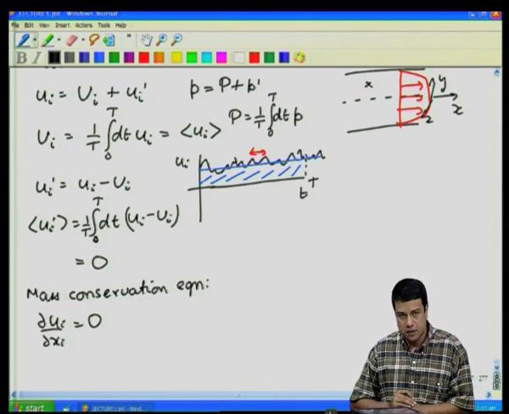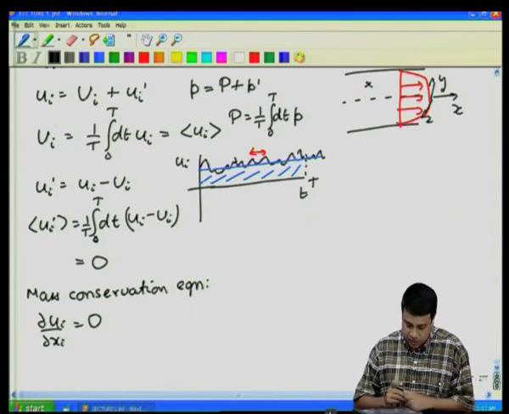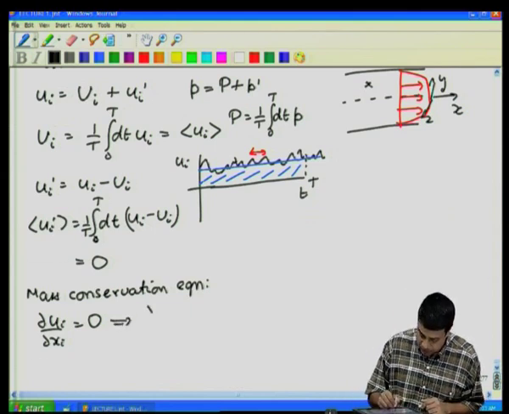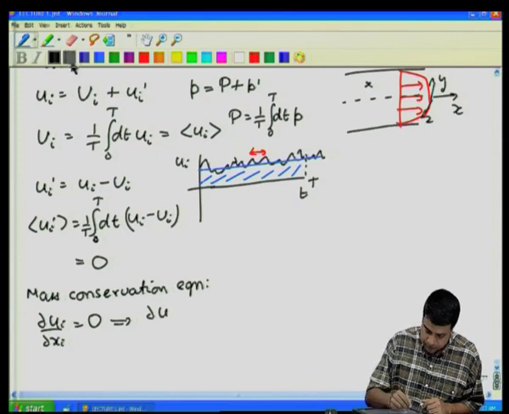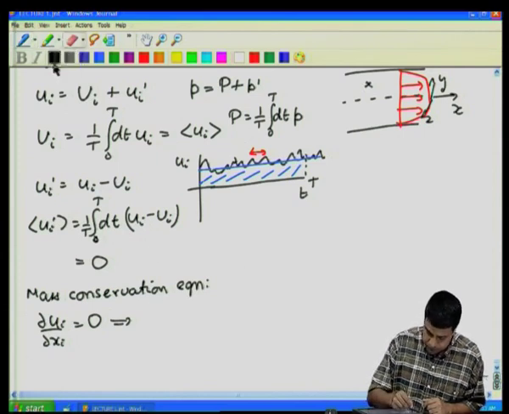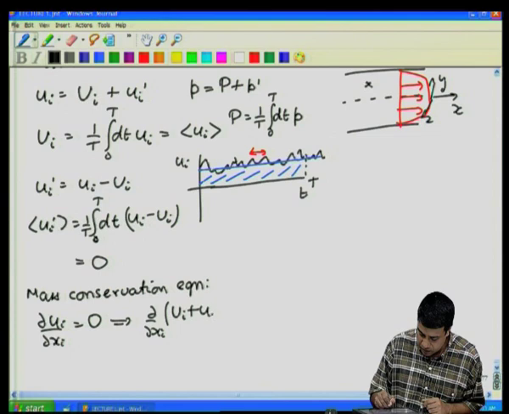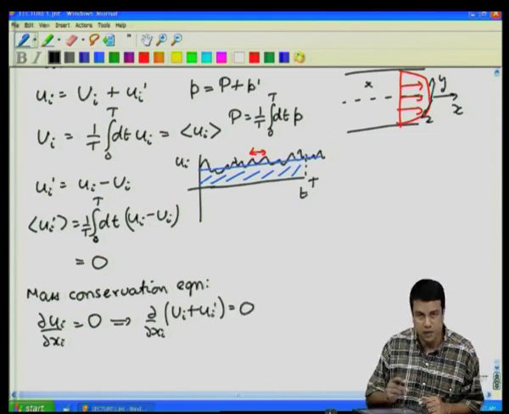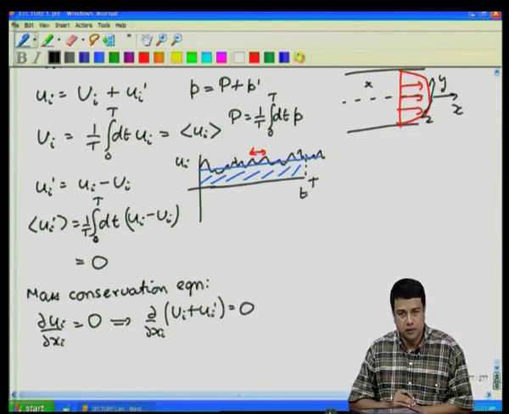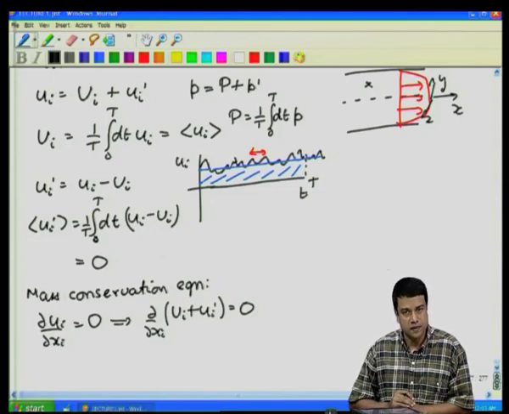I can separate this out into the mean plus the fluctuating part, to give me partial by partial x I of capital U I plus u I prime is equal to 0. So, that would be the decomposition of the local instantaneous velocity into the mean plus the fluctuating part.